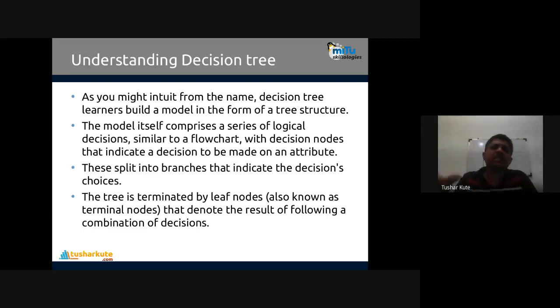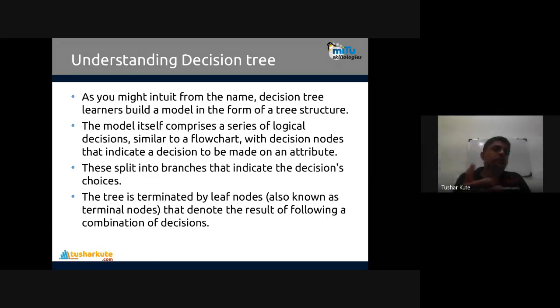If this value is greater than that, less than that, or equal to this, then you select a different choice. The decision node indicates a decision to be made on an attribute, and this splits into branches that indicate the decision choices. What exactly choice you are going to make, that we have to define.